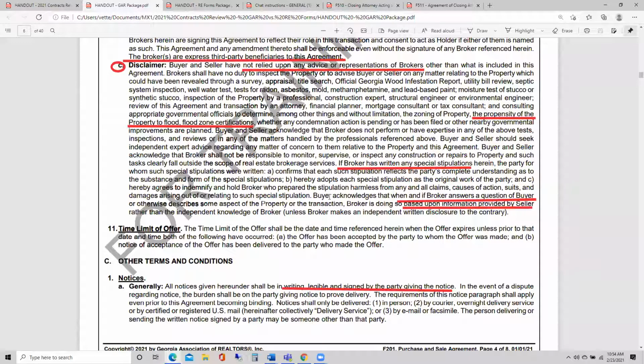And it goes on to say that the buyer acknowledges that if the broker answers the buyer's question with respect to the contract, the agent/broker is answering based on information provided by the seller. There is a ton of protection information in this paragraph for you guys as agents and your brokers.